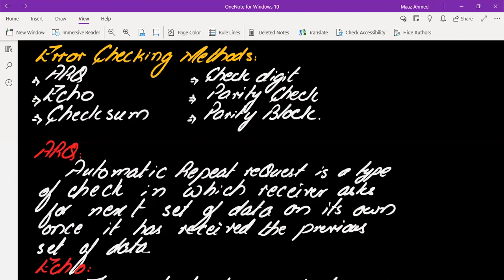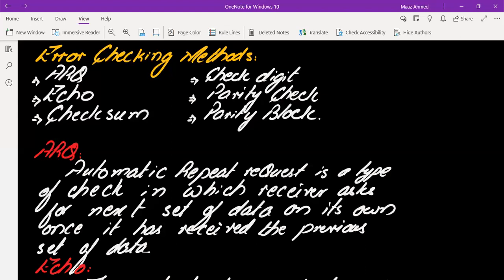For example, within 2 milliseconds, because this is the time interval that is set by the network administrator. So I will wait for the 2 milliseconds, and if I get the request for the next set of the data, I will be acknowledged that you guys received the last set of the data, and now I need to send you the next set of the data.